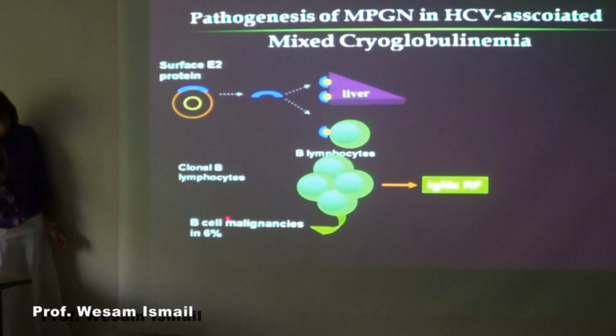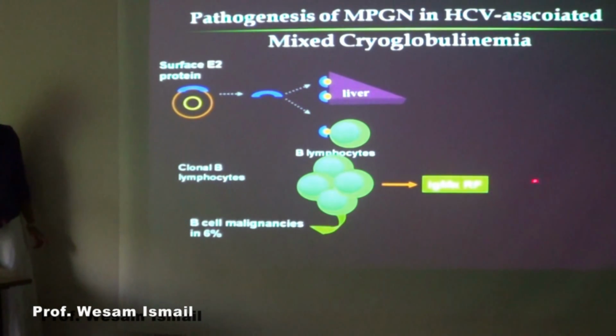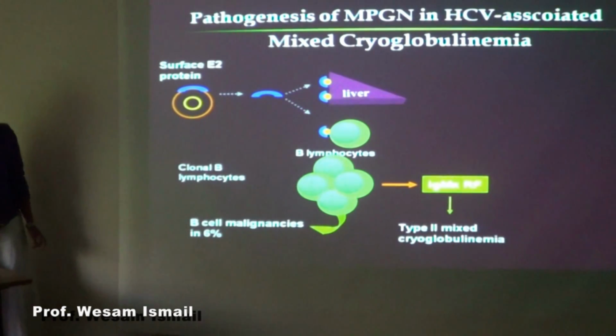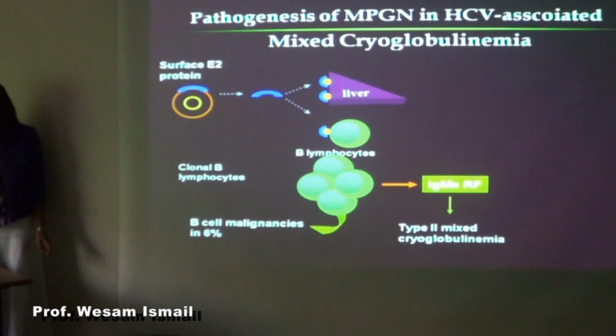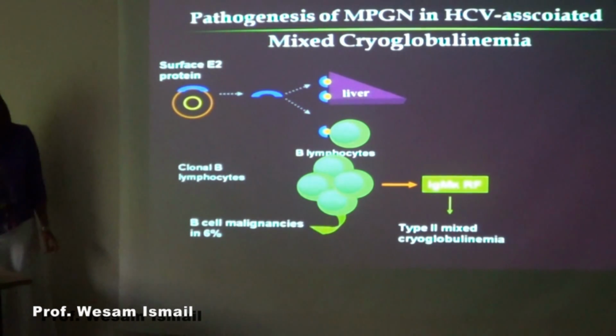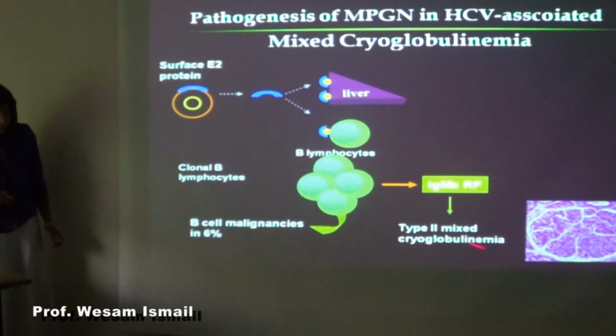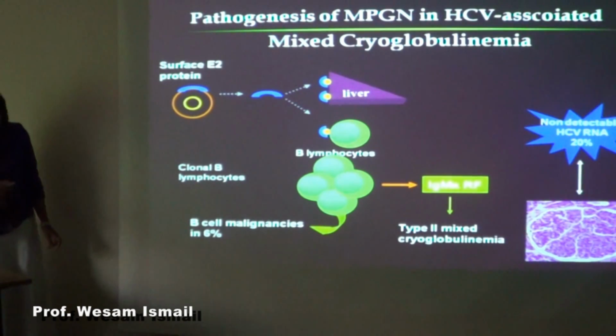But before this stage, within this clonal proliferation, these B-cells start producing the IgM kappa rheumatoid factor. So this is where it comes from, these cells. And together, you get the type 2 mixed cryoglobulinemia. Is this what injures the kidney? Is it the deposition of the HCV RNA?